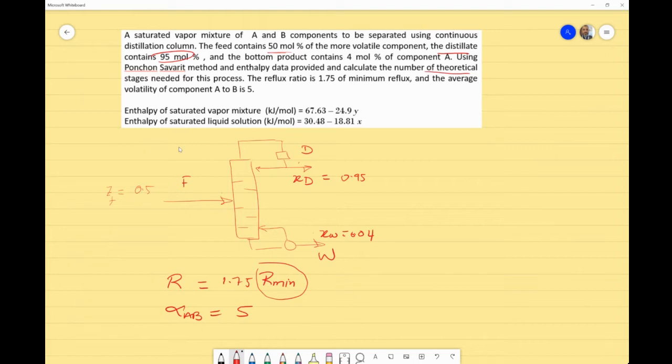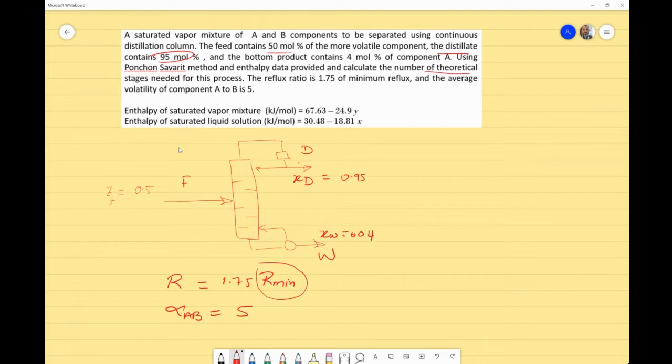And then all you have to do is, in order to solve the problem, use the general equation, if you remember that, and the operating lines of the column, the top column and the bottom column. But before all of that, you have to draw the equilibrium data.